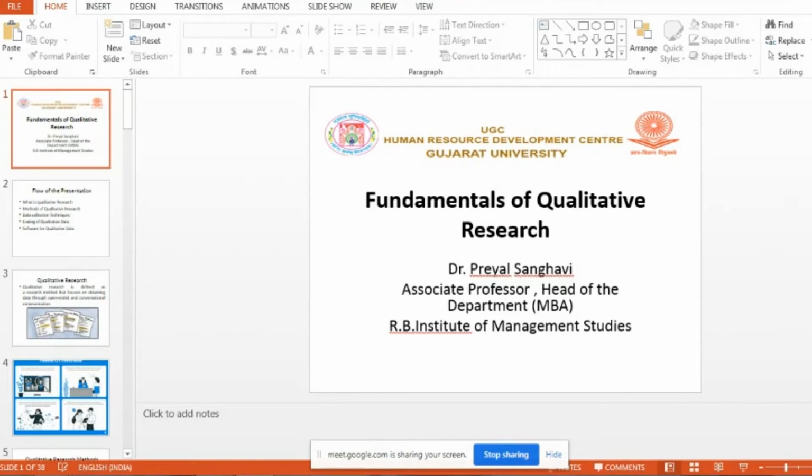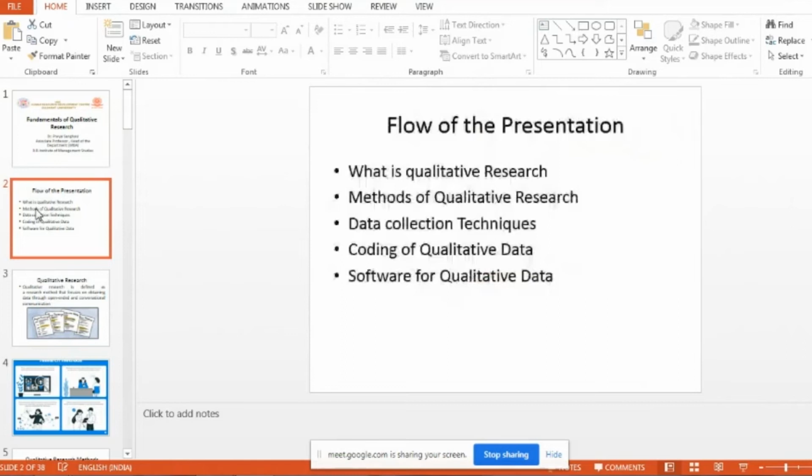Many different quantitative research techniques are available. In today's session we are going to discuss how to analyze qualitative data, if we have open-ended questions.